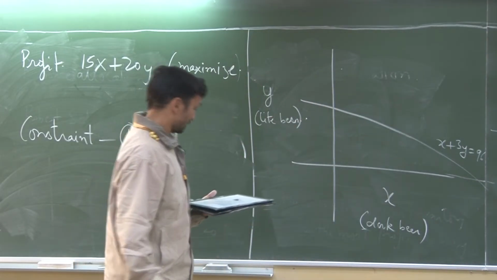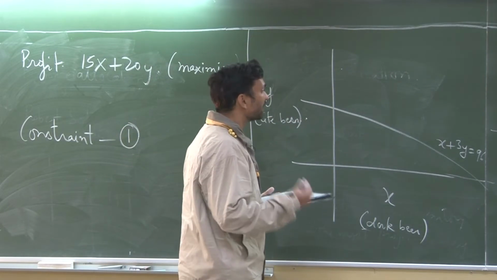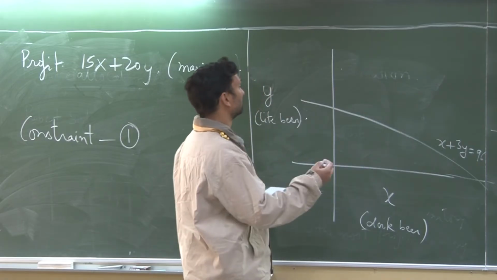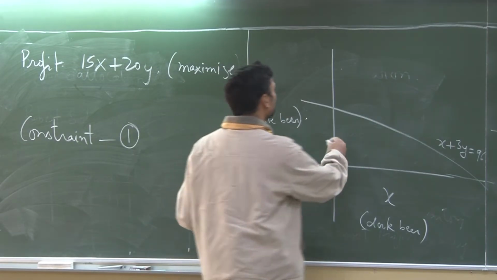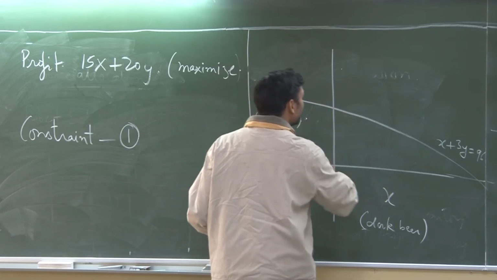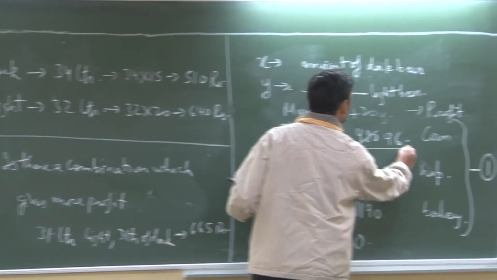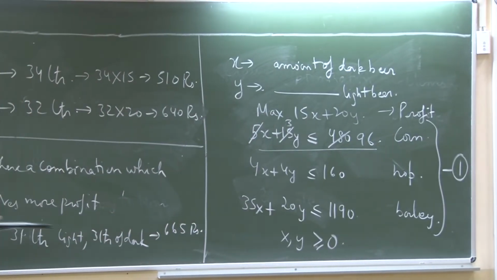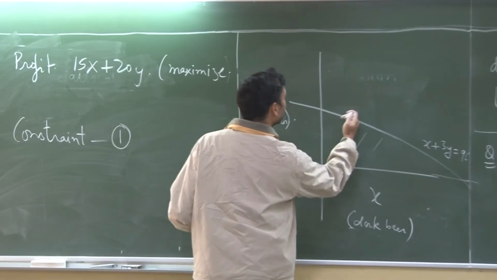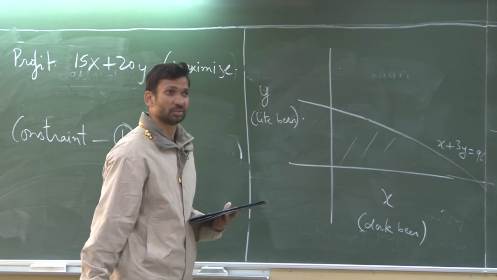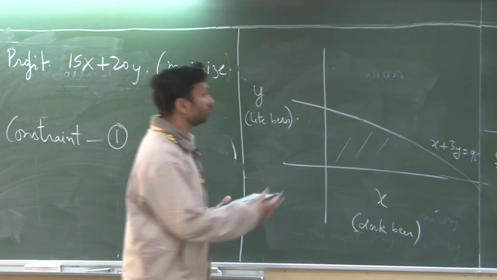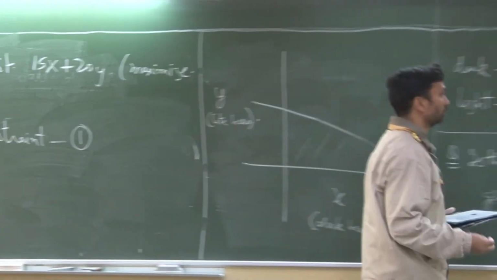Everything below this line satisfies our first constraint. So we are looking at all x and y which lie below this line.